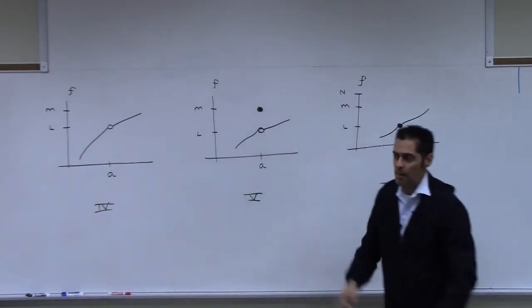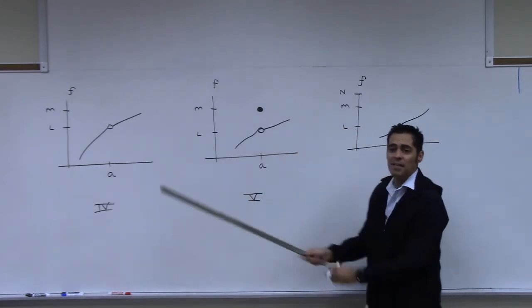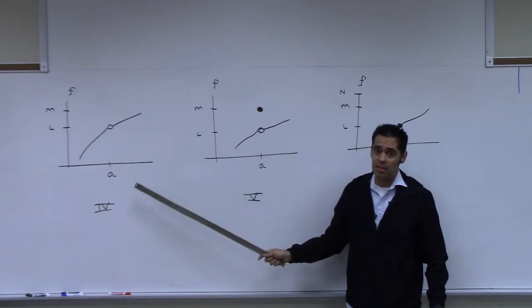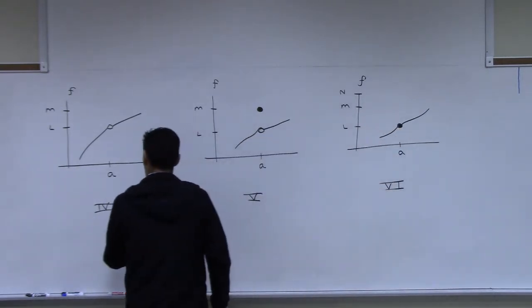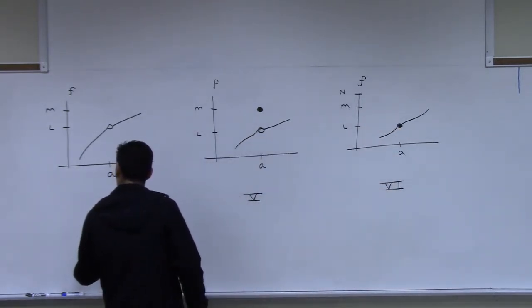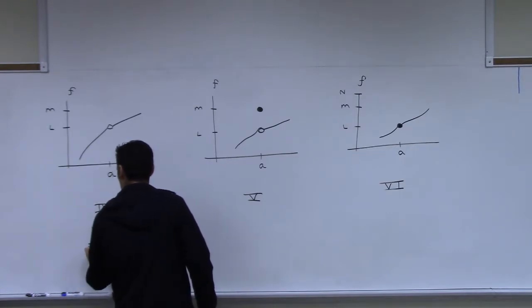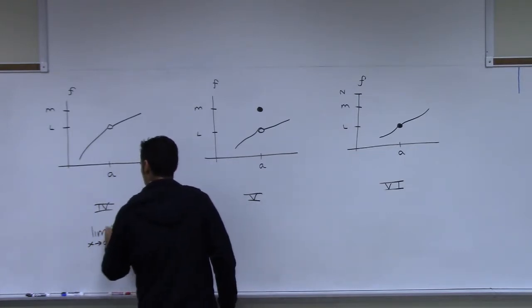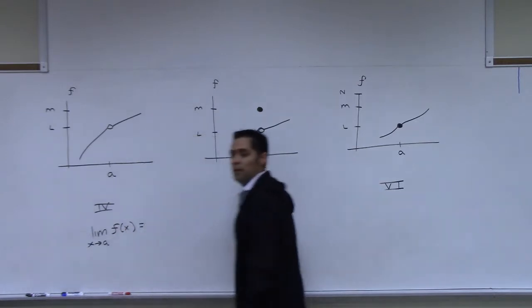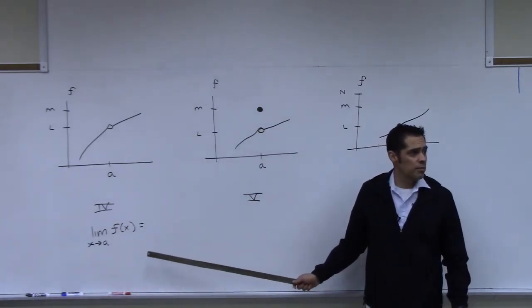Okay, so how about that one over there? Does the limit exist? Yes, the limit does exist. So I'm going to put that down right here. For this one, the limit as x approaches a of this function equals what? L, right? It equals L.